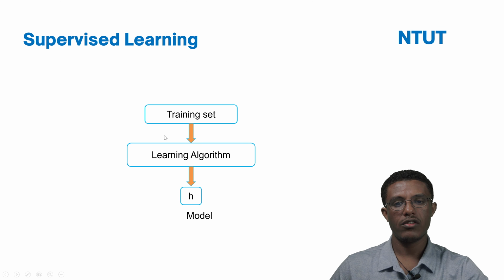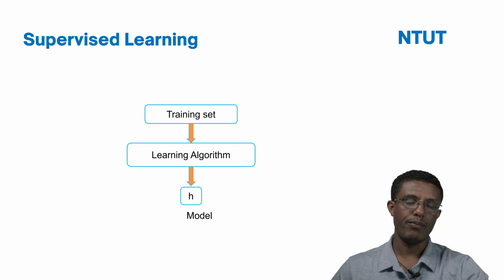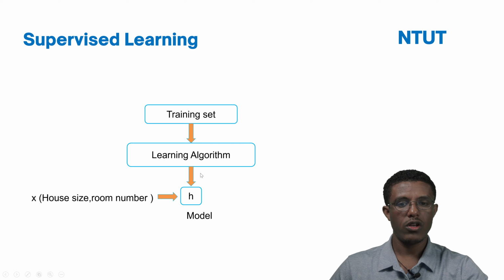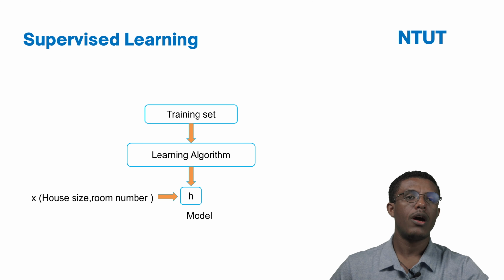So the training set has information from previous data, say the house size, the room size, and also the corresponding house price. Once the model is well trained, we can give it new test data, or unseen test data. New test data means data that is not included in the training data, so the test data is different from the training data.